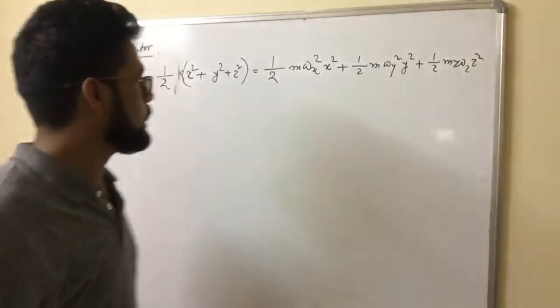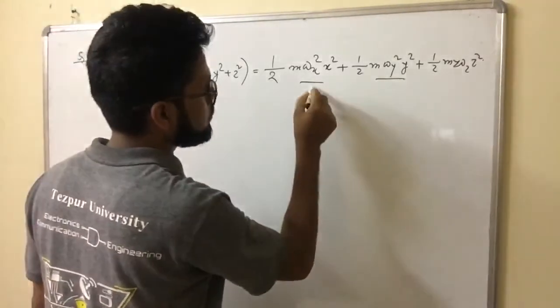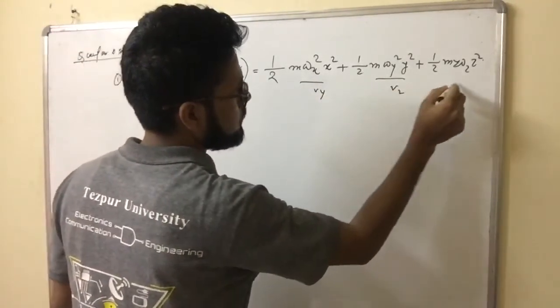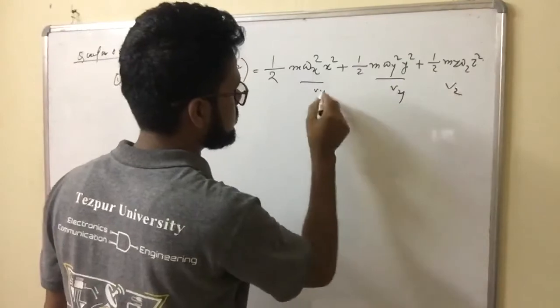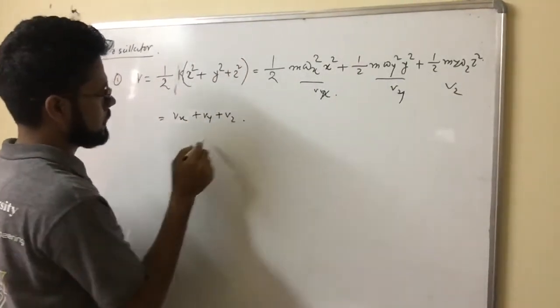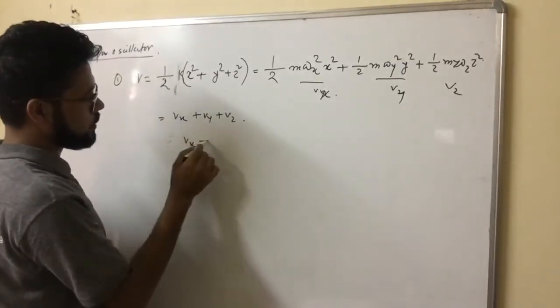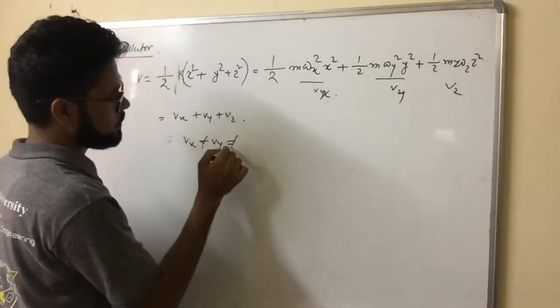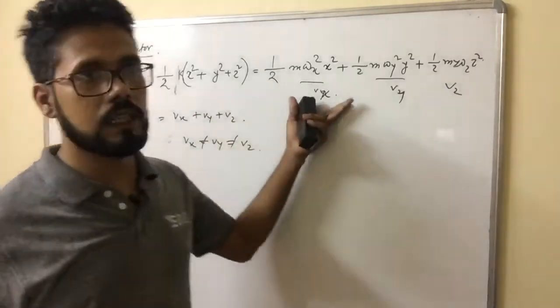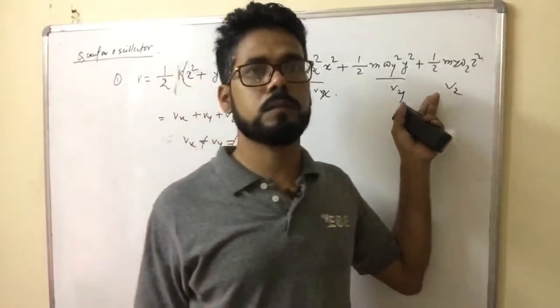I consider this Vx, this Vy, this Vz, so V is Vx plus Vy plus Vz. If Vx is not equal to Vy, not equal to Vz, the potential energy along the x-axis is not similar to the y-axis or the z-axis.